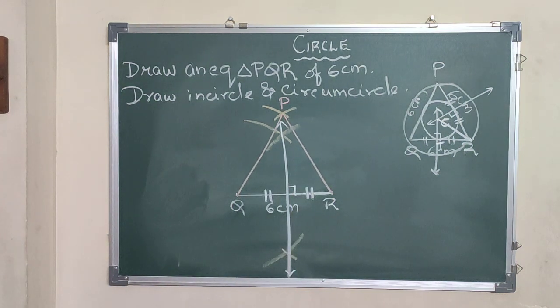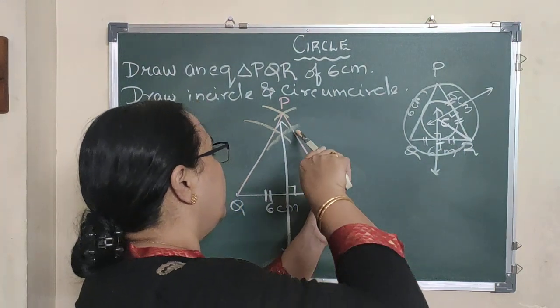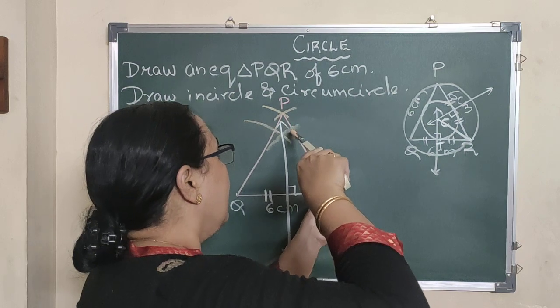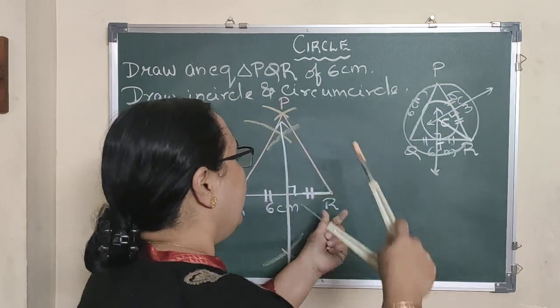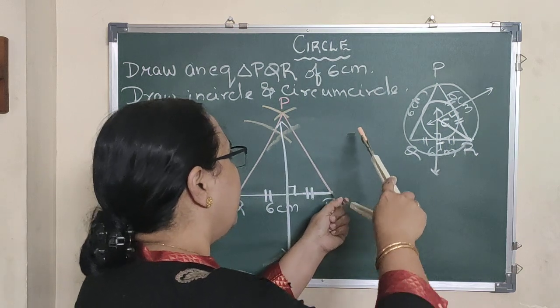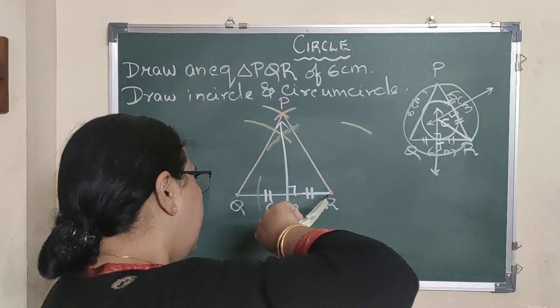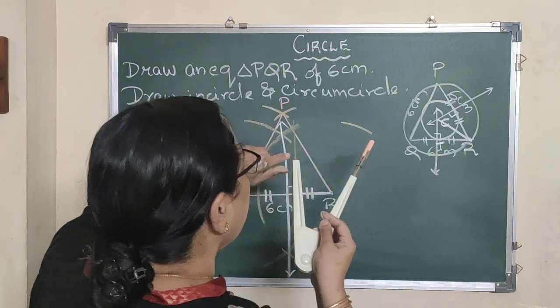Correct? Similarly the construction goes for PR. How do we draw it for PR now? Take more than half, and draw outside and toward the inward side of the triangle, keeping the same distance.